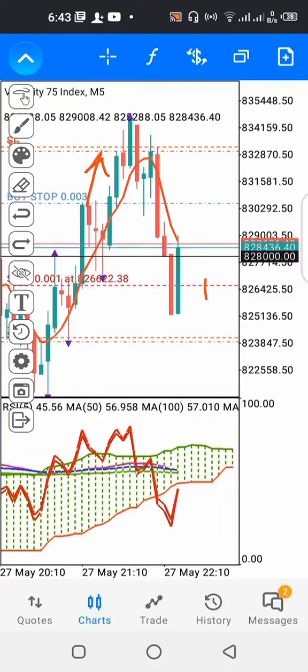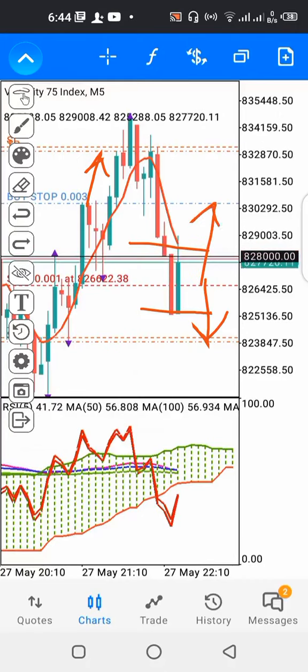Like I said, I sold, and I was expecting price to get to this point, but we are having a support here on the 5 minutes time frame, and price appears to have broken the high, which indicates that price might likely go up.